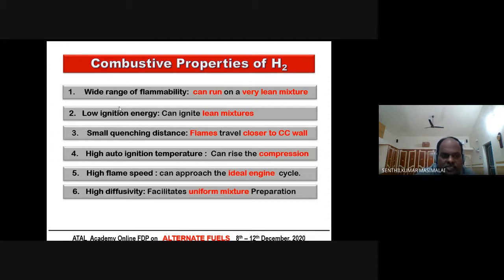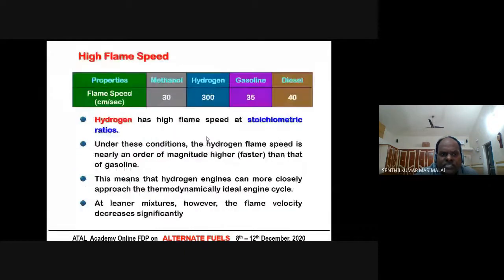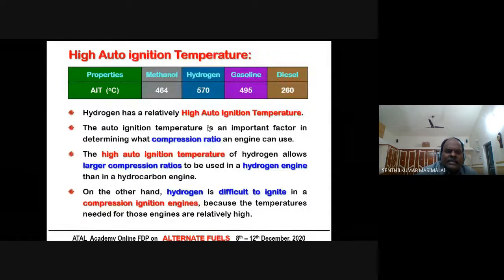But in this case, auto ignition temperature means the minimum temperature at which the fuel gets ignited automatically. Do you understand the difference between the low ignition energy and auto ignition temperature?